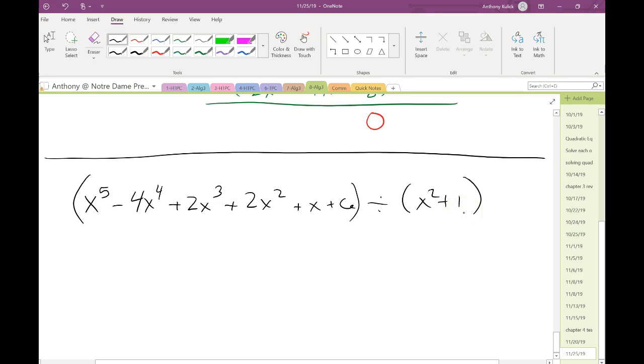So let's say we're going to do x to the fifth minus 4x to the fourth plus 2x cubed plus 2x squared plus x plus 6 divided by x squared plus 1. What's going to go on the outside?